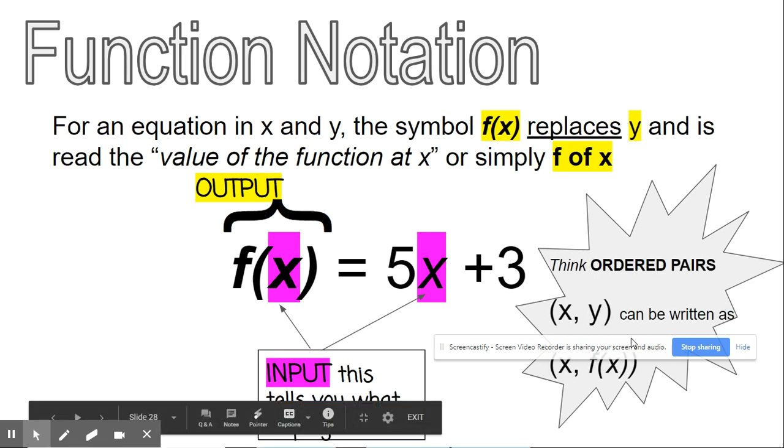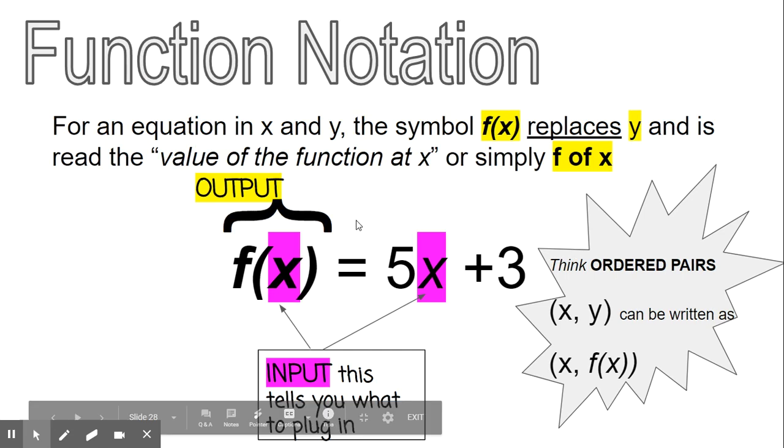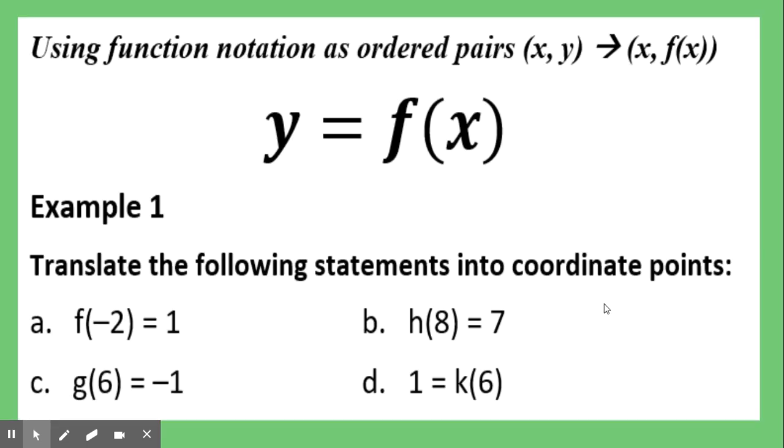Think of ordered pairs. When you're working through function notation, think of your ordered pairs. You have x and y, but now it can be written as x comma f of x. Again, x is your input, f of x is your output, just like x was your input and y was your output. Let's look at some ordered pairs.